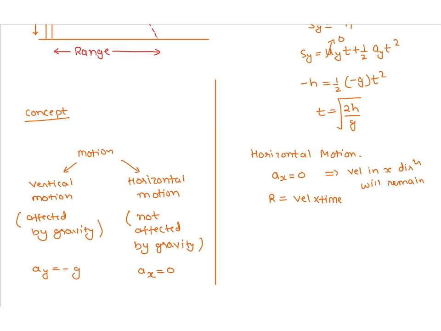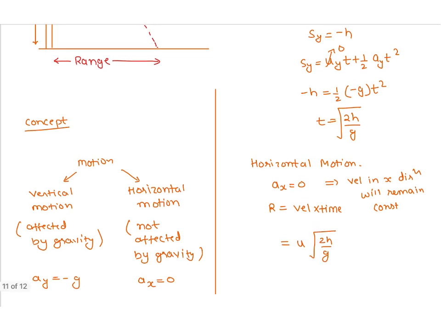So r will be equal to u times square root of 2h by g. This is your answer to part B, and this was answer to part A.